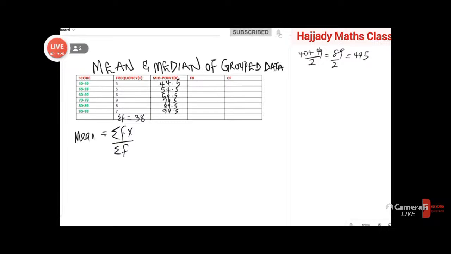Now the next thing for us to do is to calculate our fx. That is the product of our frequency and the midpoint x. So 3 times 44.5 is going to give us, you can use your calculator for confirmation of this, 133.5.